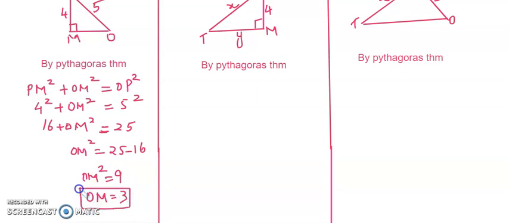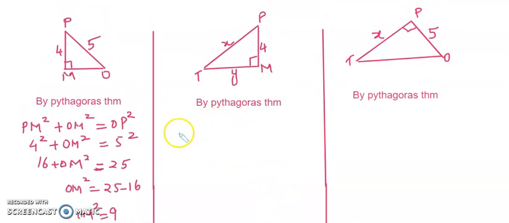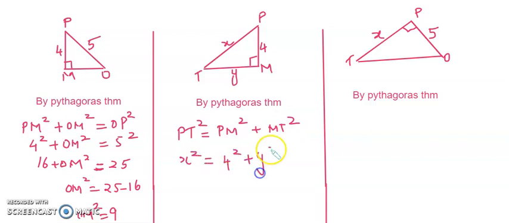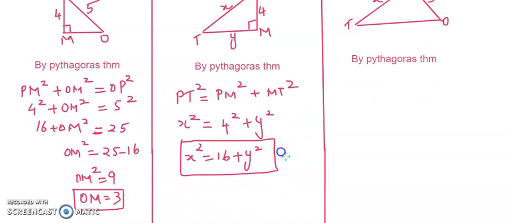A direct Pythagoras theorem. Okay, now in the next triangle, that is PMT, we'll say PT square equals to PM square plus MT square, right? So it is X square equal to 4 square plus Y square. That means X square equal to 16 plus Y square. Okay, now we are going to use this OM, that is 3.